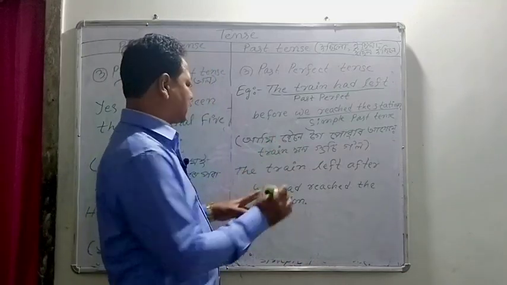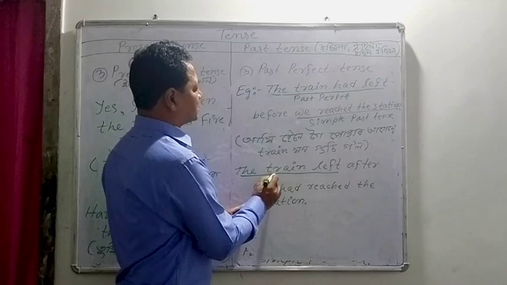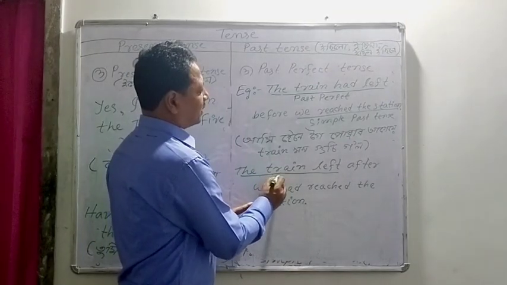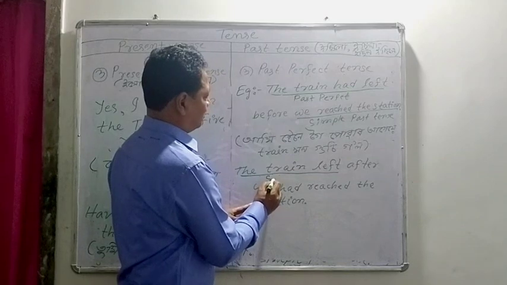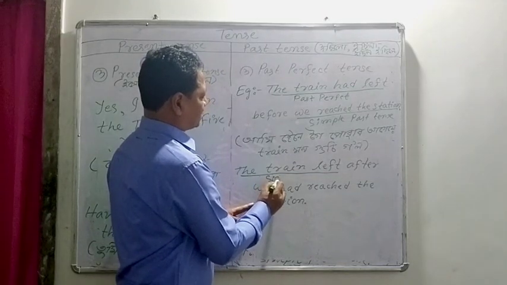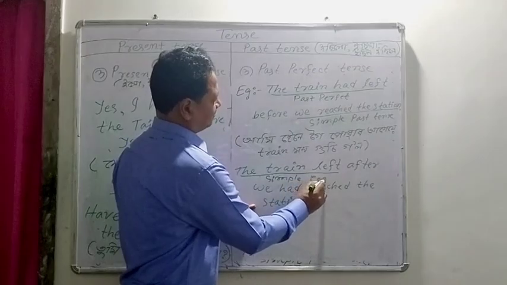So same sentence here. The train left. The train is the subject, verb two. Here simple past tense, simple past.